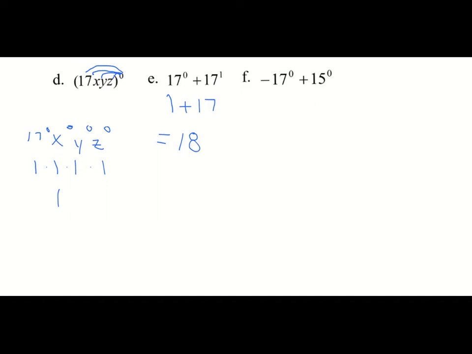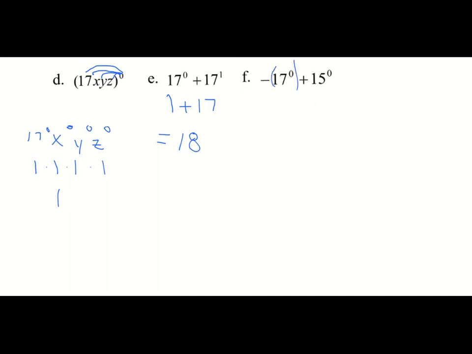Now, for F, this one's a little tricky because we have 17 to the 0 power, but then you have that negative. Because they did not include parentheses around that negative, it's not negative 17 to the 0 power. It is just 17 to the 0 power, and then take the opposite of it.